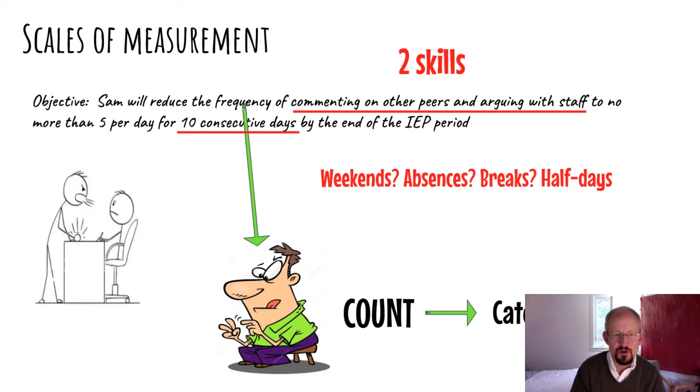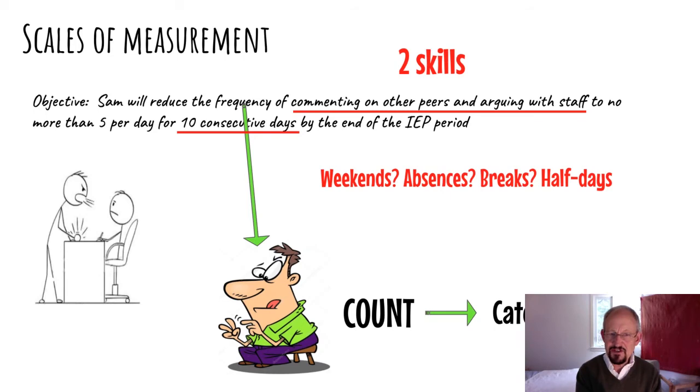Another piece of this, which links to the relationship between the scale of measurement and the benchmark, is that we have labeled it as 10 consecutive days. What about weekends? So I get Monday through Friday, and then I've got a break of 2 days. That's clearly not consecutive. They're consecutive school days. But when I go from Friday to Monday, that's very different than going from Thursday to Friday, where Friday is clearly only 1 day different from Thursday. Okay?